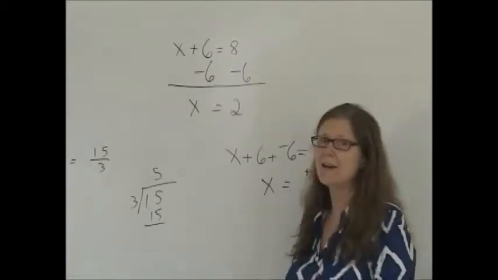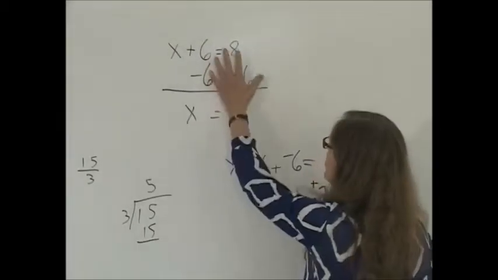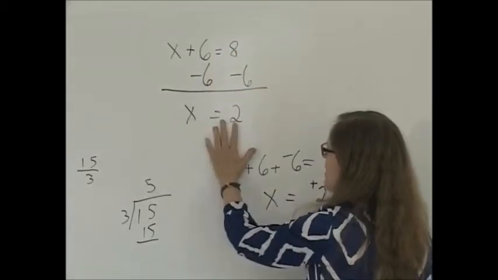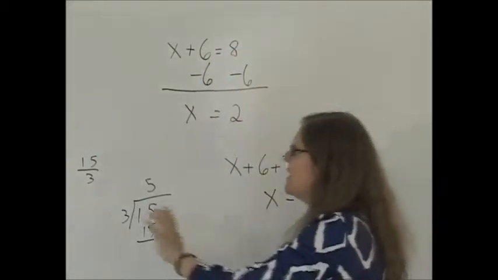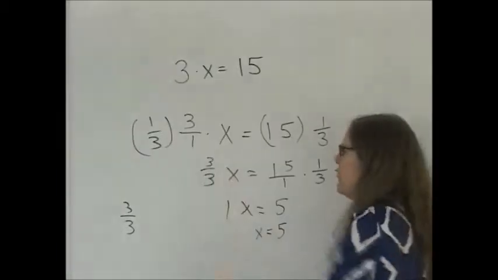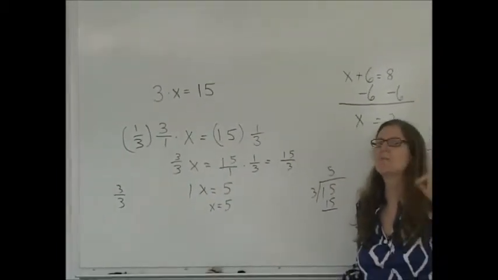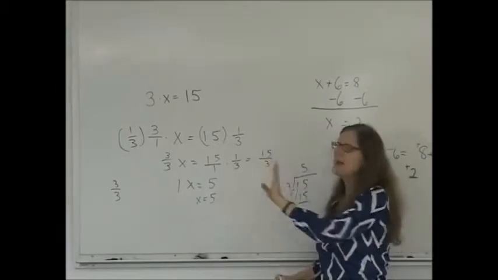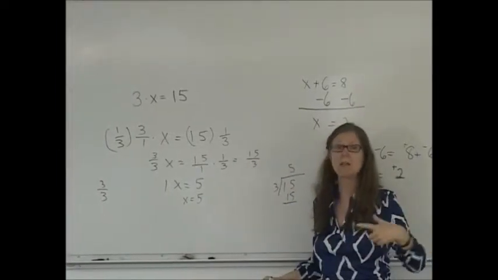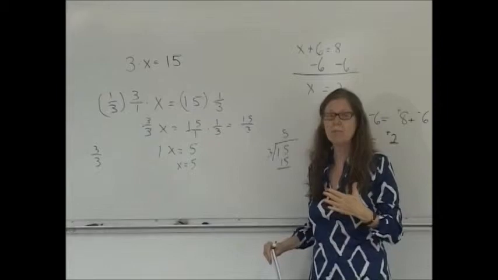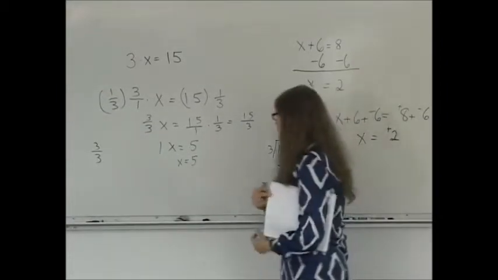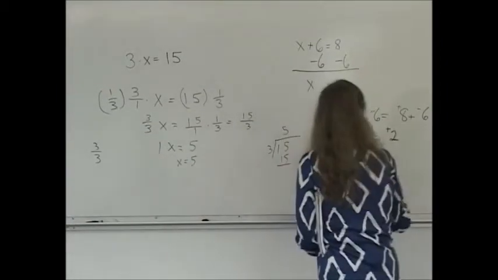Here, we add or subtract what we need to do to get the x by itself. And here, the way that we got x by itself was we had to multiply or divide something to get the x to be 1x instead of 3x's or however many x's the original problem might have represented. Okay, let's look at some other problems like that.